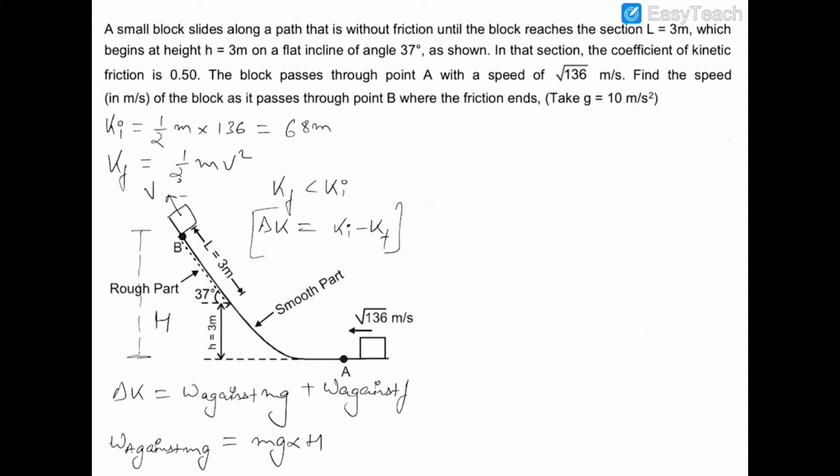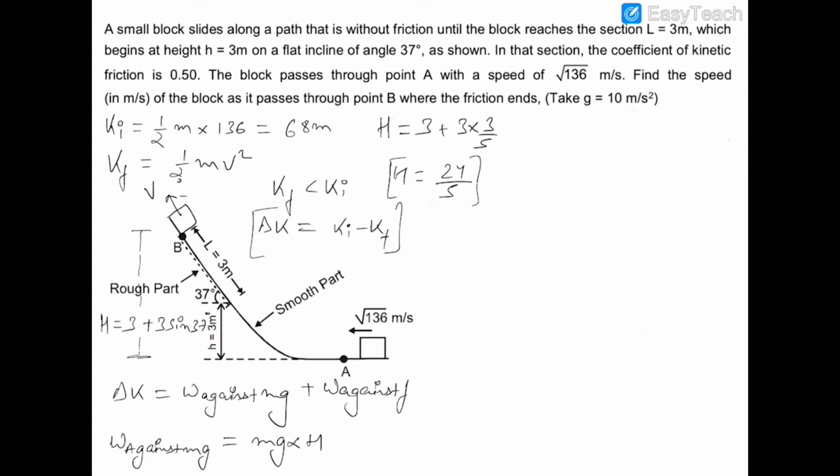So this h will be equal to 3, which is already there, plus 3 sine 37. Now h will be equal to 3 plus 3 into 3 upon 5, so h will be 15 plus 9, which is 24 by 5.